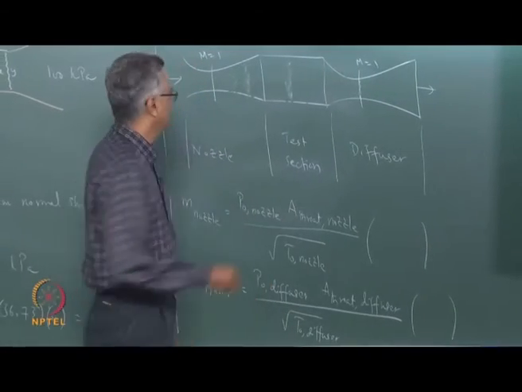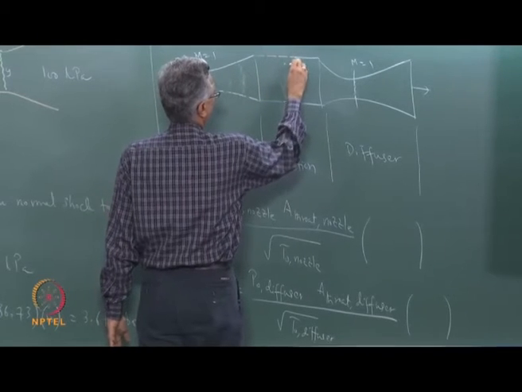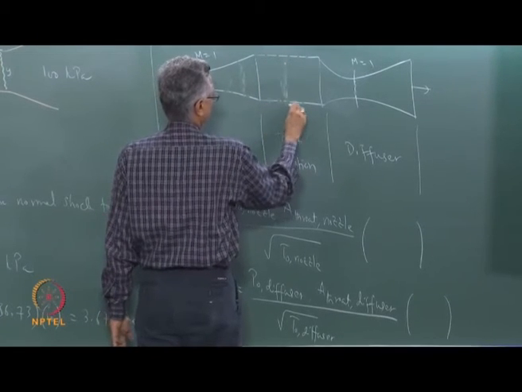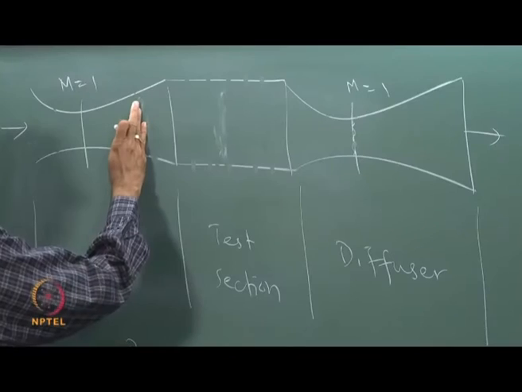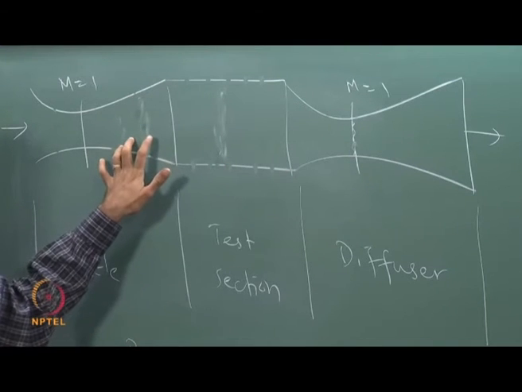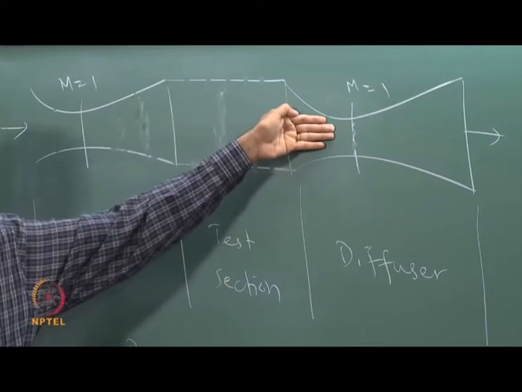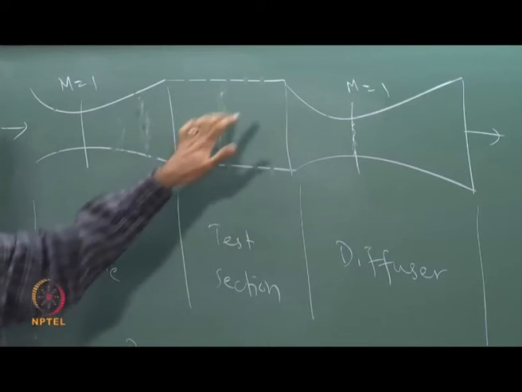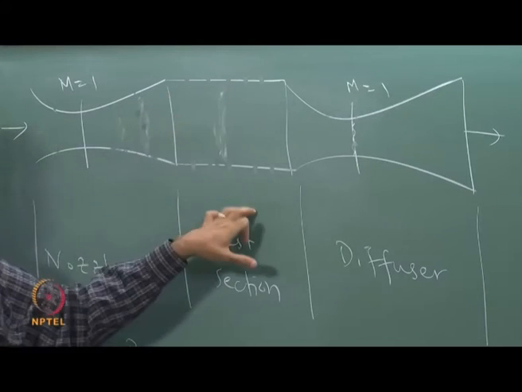Another way of doing this is to provide, for example, openings like this, so that when a normal shock stands here, and there is a mismatch in mass flow rate between the two, right. So we have 10 kg per second coming through, only 9 kg per second going through here. So you provide these kinds of openings, so the remaining 1 kg per second can be bled off through these openings.